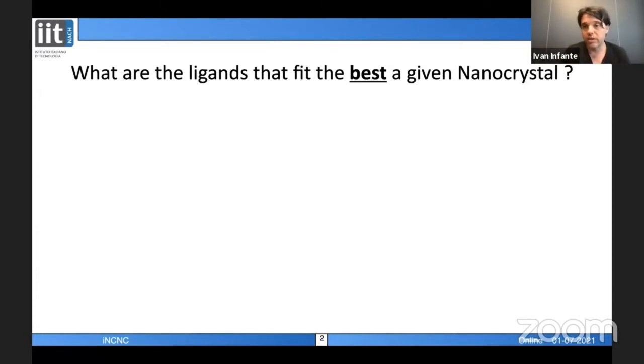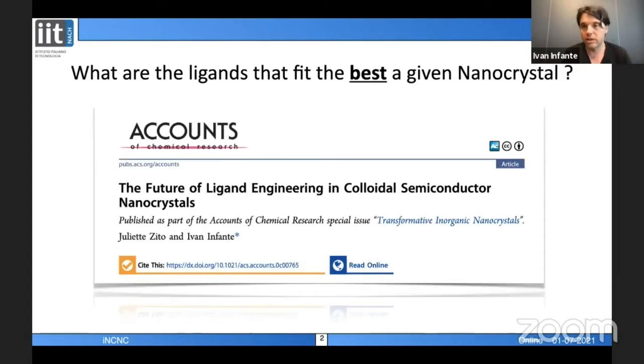For this reason, we had to put down a framework for this binding of ligands to the nanocrystal surface. You can find in this paper a work that I've done together with my PhD student Juliet, in which we study the thermodynamics. This also fits well with the previous talk from Jonathan, that made a nice introduction for this talk, because they're quite connected.